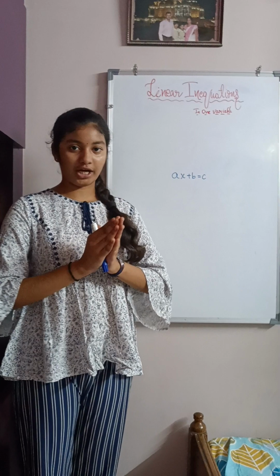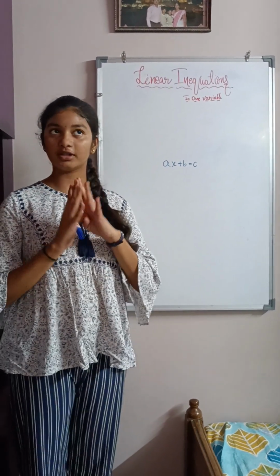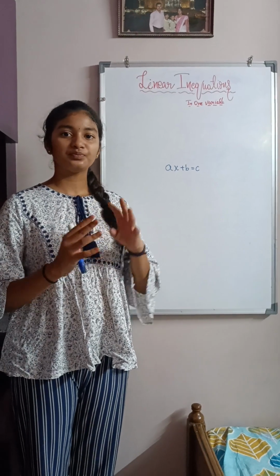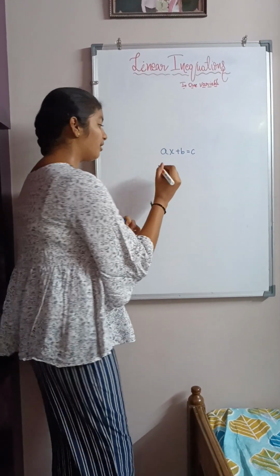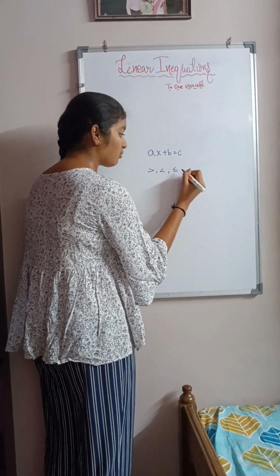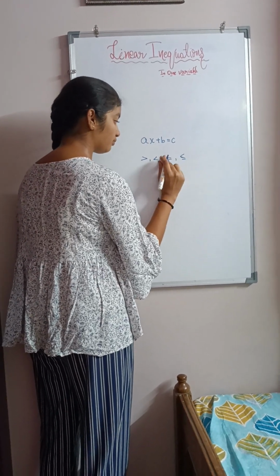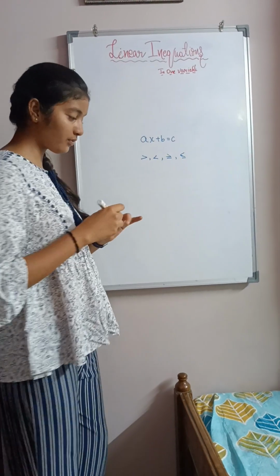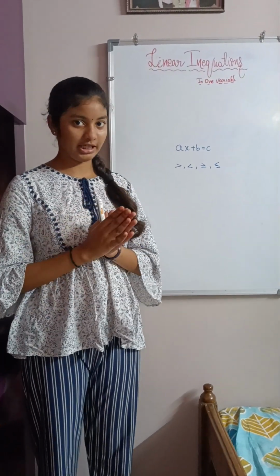Coming on to linear inequations, in one variable, we will have different types of signs. There are four signs in this, which are named greater than, less than, greater than or equal to, and less than or equal to. So these are the four forms of the linear inequation.